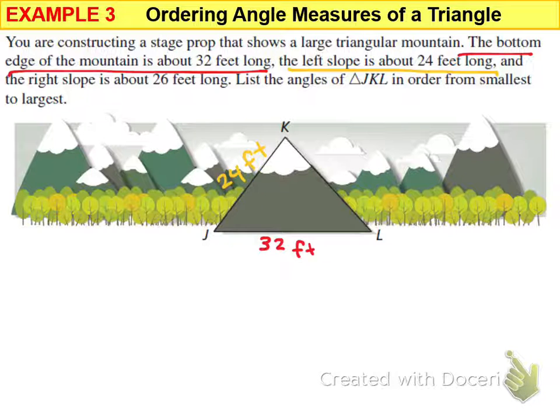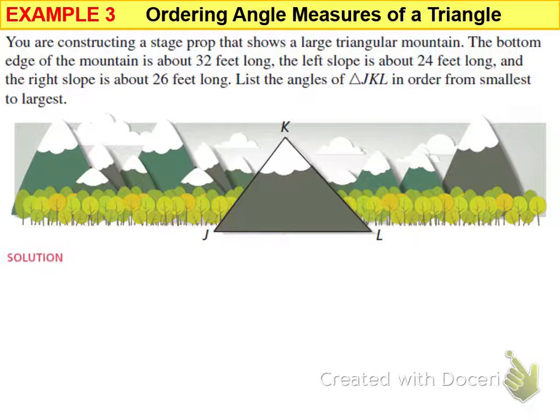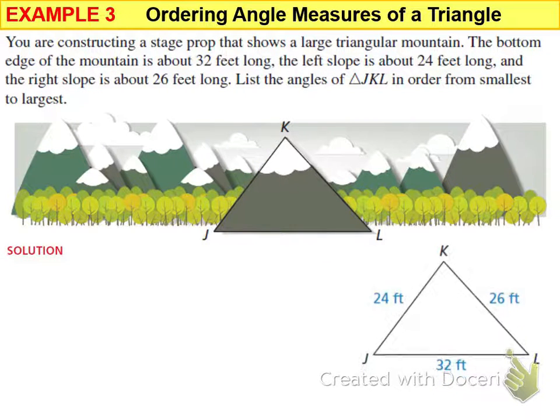And then the right slope is 26 feet. It's hard to pick colors that match that, but it'll end up looking like this. 24, 26, 32.